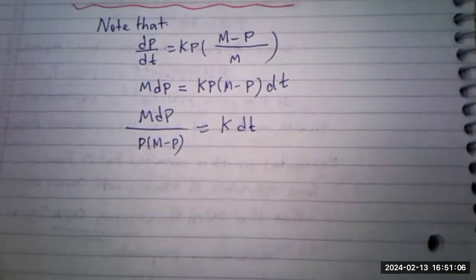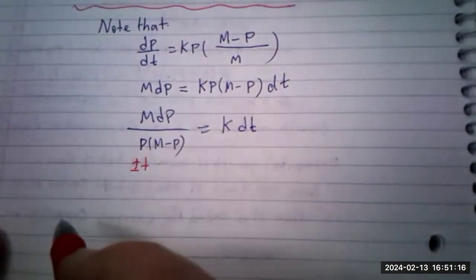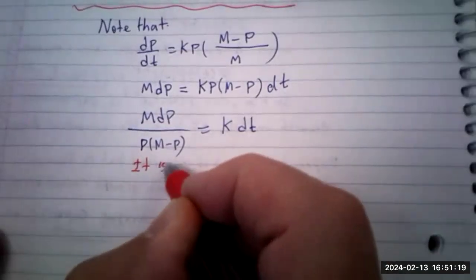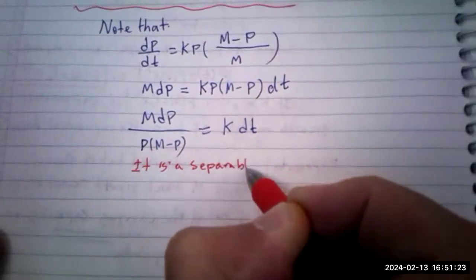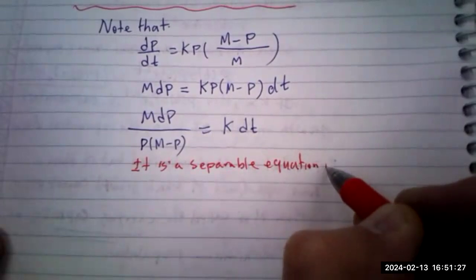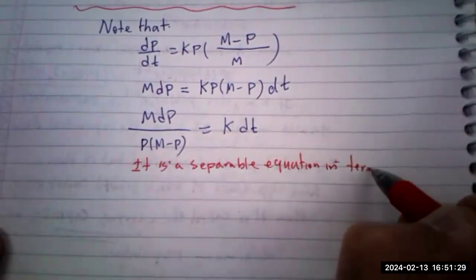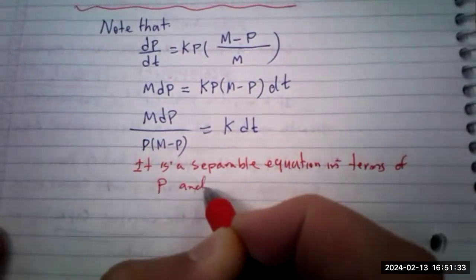Now this is a separable equation. It's an equation with separable variables, because your variables are going to be p and dp on one side, and t and dt on the other. It's a separable equation in terms of p and t.